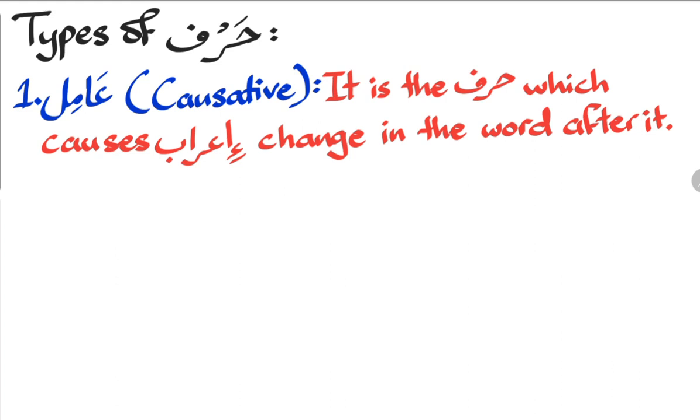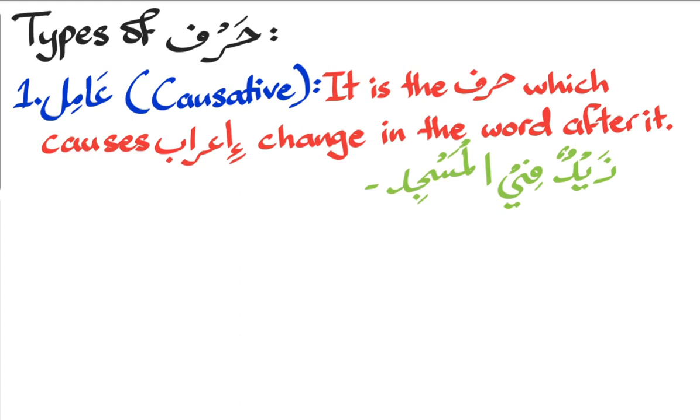For example, if you take the particle, the harf fi, which means in, that's one of the huruf that is known as al-huruful jarra, prepositions. And prepositions in Arabic, specifically al-huruful jarra, give jar or a kasrah to the word that comes after it. For example, if we take the example Zaydun fil masjid, we can see that the word that is coming after fi is al-masjid.